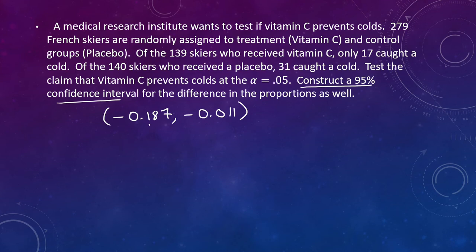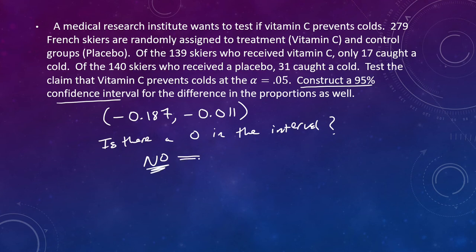Now I'm going to ask the question, is there a 0 in the interval? Since both of these numbers are negative, no, there is no 0 in the interval. So that implies there is a difference.